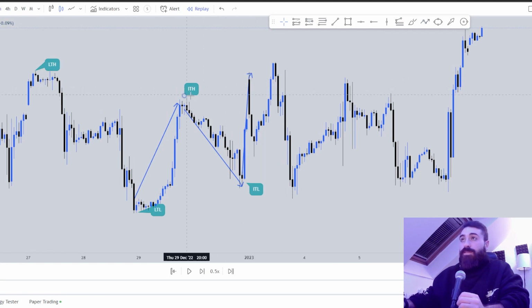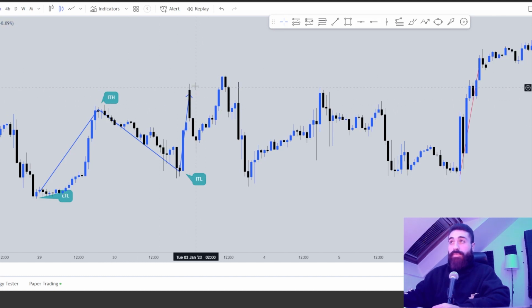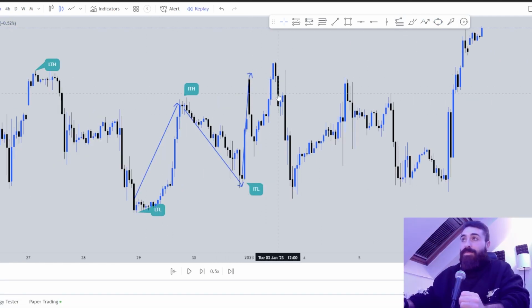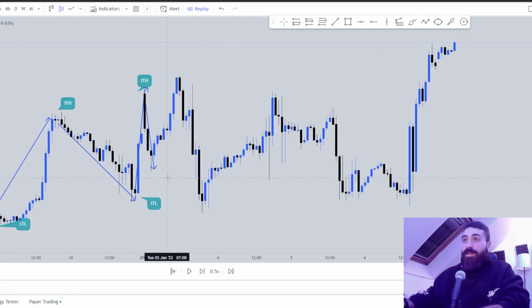What does this become right now? If it takes out this intermediate term high, what does this become? This becomes a potential intermediate term high because we've got a short-term high right here. This is a swing high, as we can see. And then we're going to wait and see if we're going to get a short-term high next to it. Let's continue step by step. We go lower, and then what did we do here?